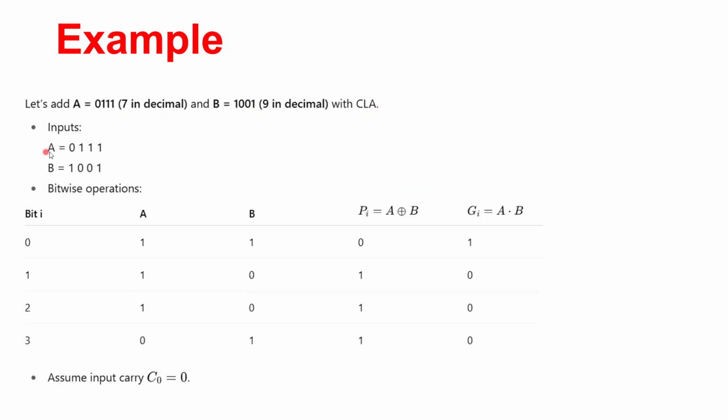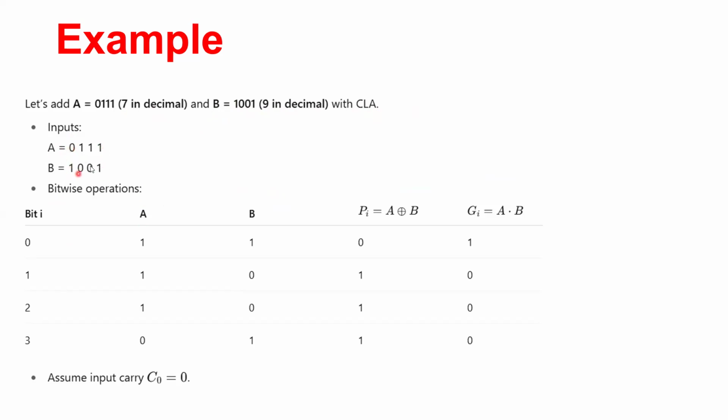You put them in a line and carry out the bitwise operations. This is the LSB of the two numbers, and this is the MSB.